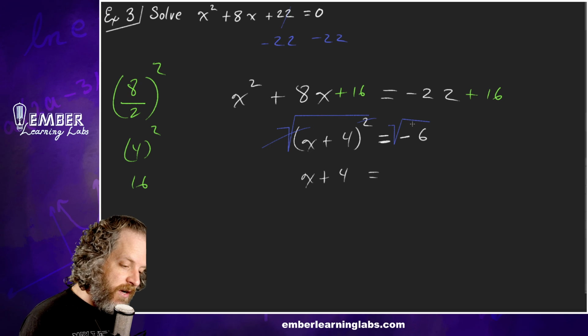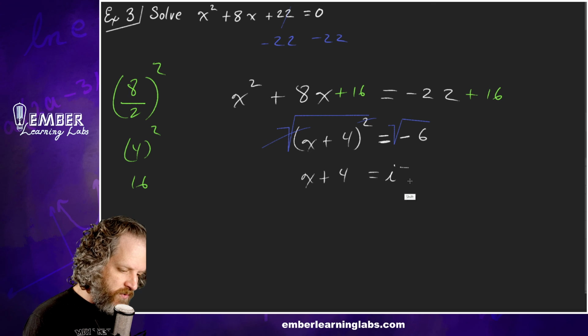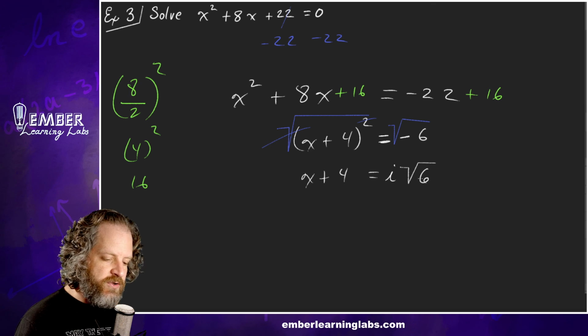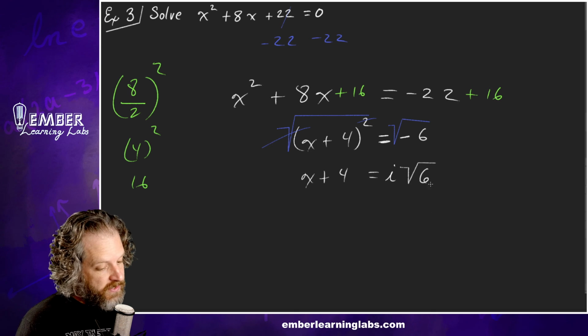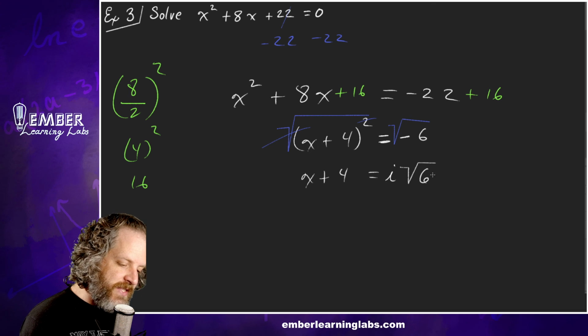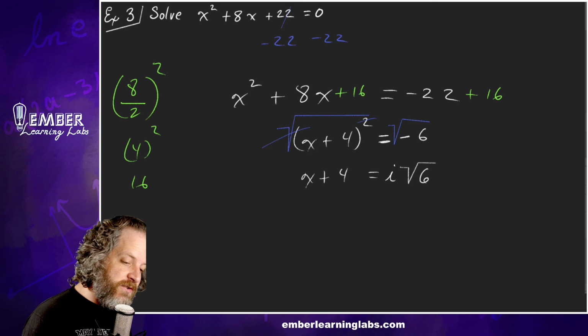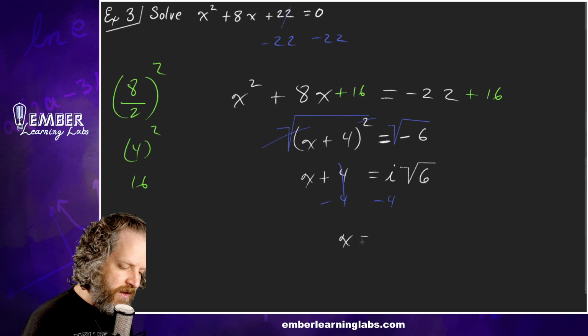Now you see where it goes. So this is going to be i times the square root of 6. There's no perfect squares inside of 6 because the only one smaller than 6 is 4, and 4 doesn't go into 6 evenly. So that's as simple as that part gets. So now we've got to subtract the 4 from both sides. Minus 4, minus 4. So x equals negative.